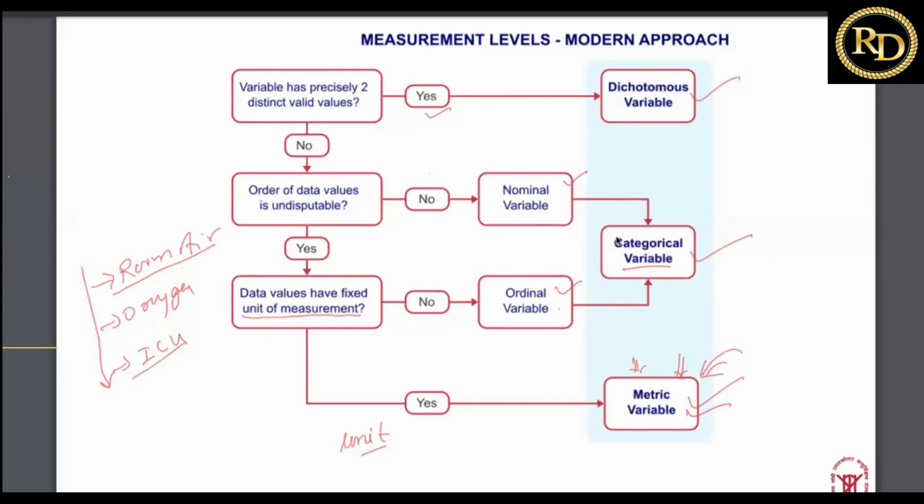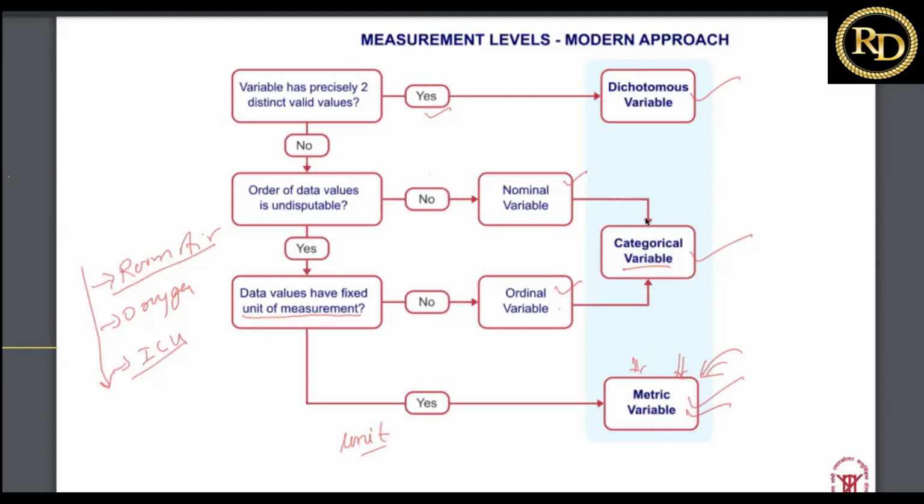So this centimeter is the unit associated with that particular measurement. Such a measurement is a metric variable because it has a unit with it. But if you measure the place of residence of the patient, either he will be urban, rural, or town. This does not have any unit of measurement, so it will be a categorical variable.